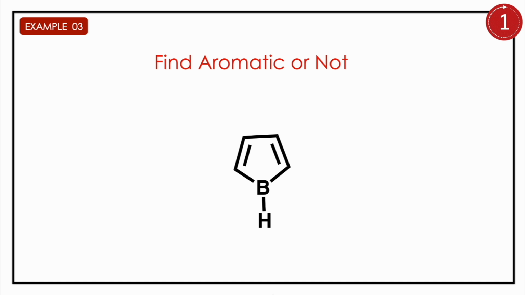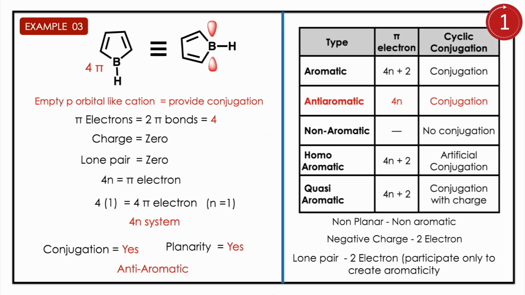Then the next example. Here you have a cyclopentane system with one boron as the heteroatom, with a diene in conjugation. You should find whether the compound is aromatic or not. Here you have boron. By looking at the flat structure, you might think it is a non-aromatic compound because there is no conjugation. But if you redraw with p orbitals, you can clearly see that boron can act like a cation. The empty p orbital, like a cation, provides the conjugation.